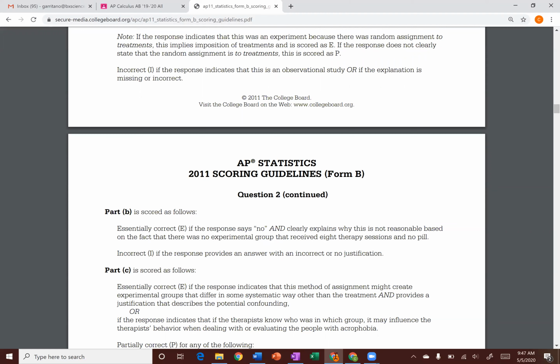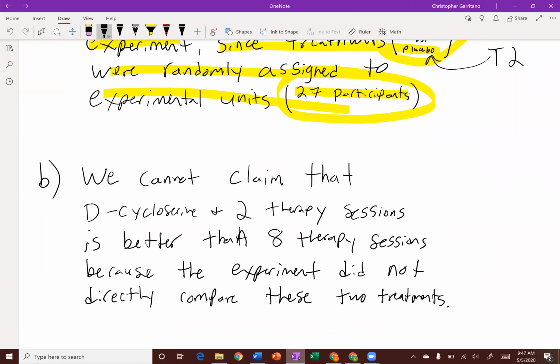So I have a feeling that what I said here in this one sentence does that. I said we cannot claim, so that's me saying no. And then I argue that there were no treatments that compare 8 therapy sessions and the drug and 2 therapy sessions.